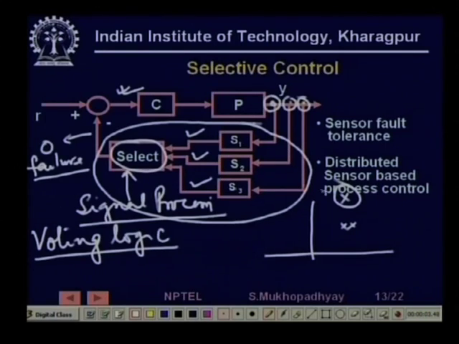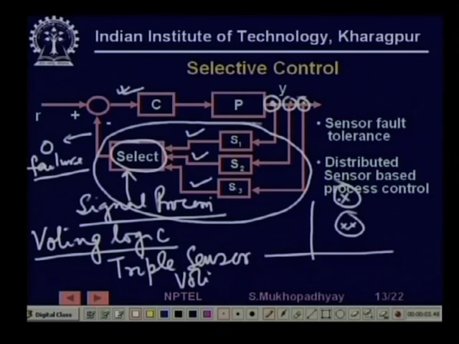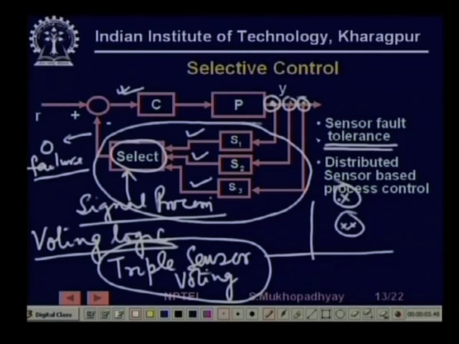In which case the third one's value will not be used in control. It will be cut out and only the average of these 2 will be used. This is called triple sensor voting, and is often applied in various critical control loops. By doing this you can achieve a certain degree of sensor fault tolerance.